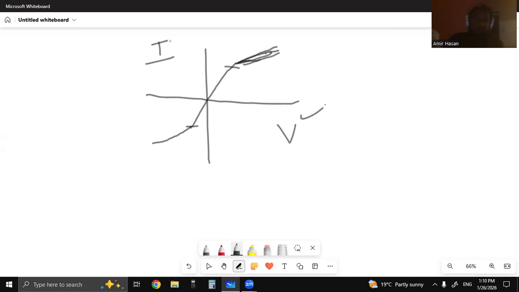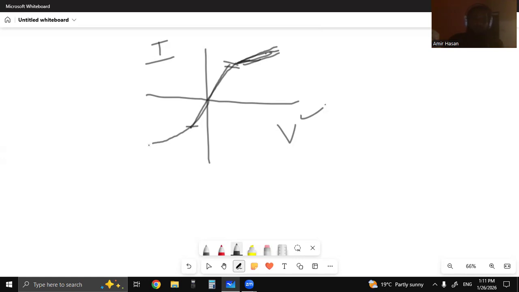Basically, some part of the graph shows an ohmic graph, but in the filament wire, this is what is happening. The graph obeys Ohm's law up to some point, but after that the graph becomes variable, not obeying Ohm's law.